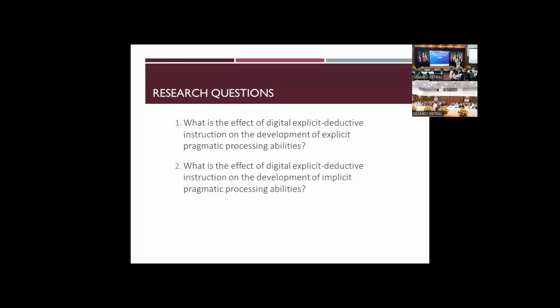But we wanted to see whether that instruction only benefited explicit processing, or whether it did, in fact, have some impact also on implicit processing. That's what we wanted to do. In a way, we were testing the theory. The theory says how you were taught is how you can use. But we were saying, well, yes, possibly, but maybe how you were taught also helps you to actually perform in a different way from how you were taught.